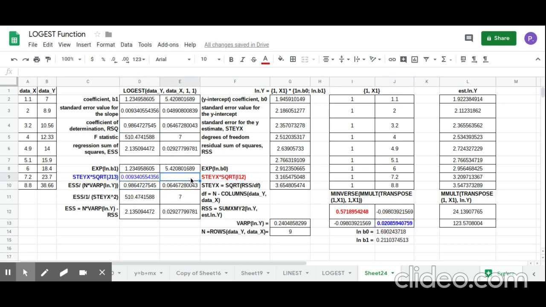And the standard error value of the y-intercept, which is equal to standard error estimate times the square root of I12, and matches our LINEST output. This completes the derivation of the LINEST function's output.